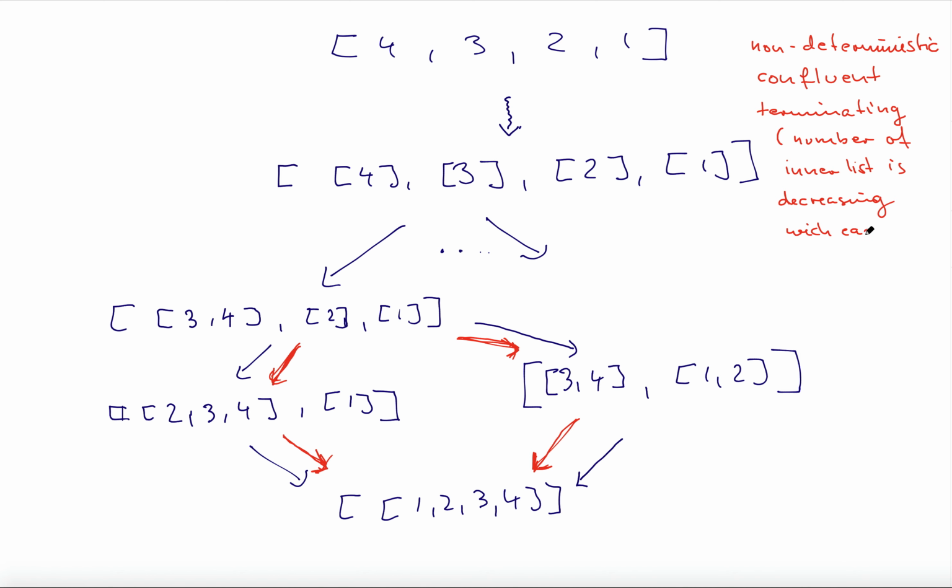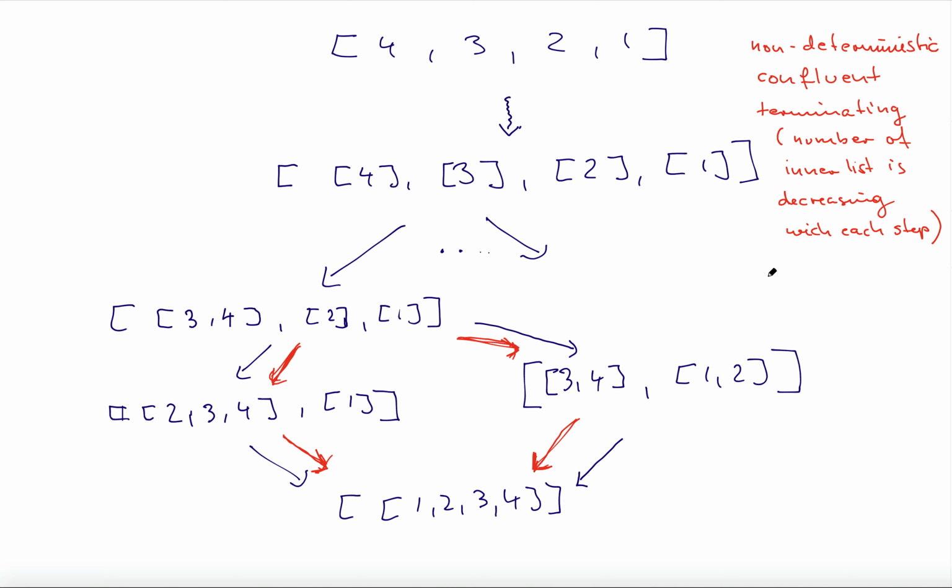So this is a kind of measure function which we can use to establish termination. And obviously the number of inner lists cannot become negative. So if the number of lists is decreasing with each step of computation, the computation must be terminating.